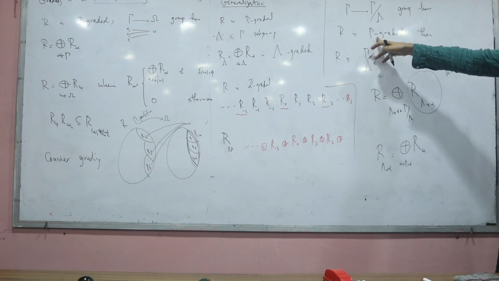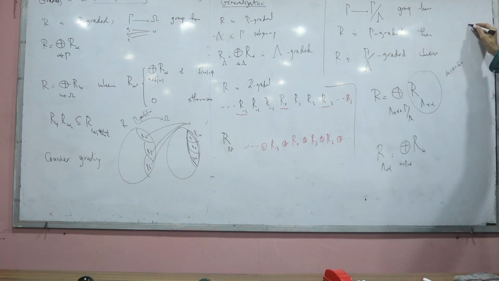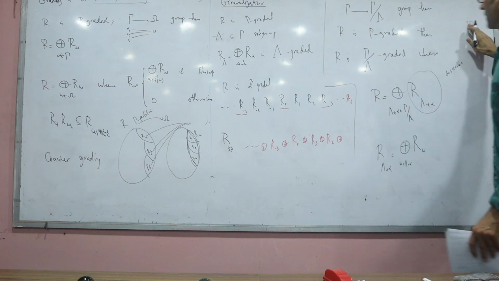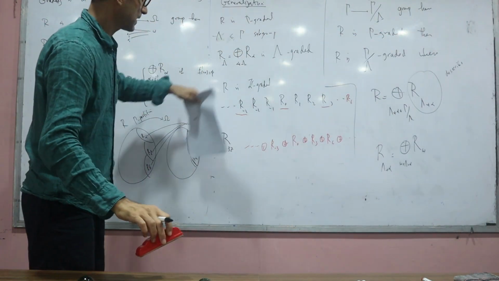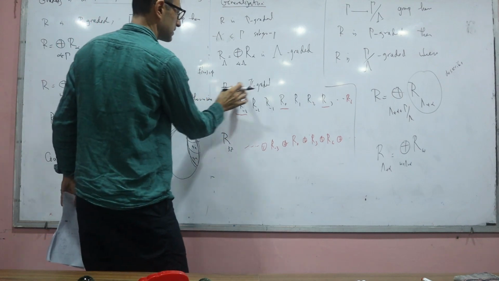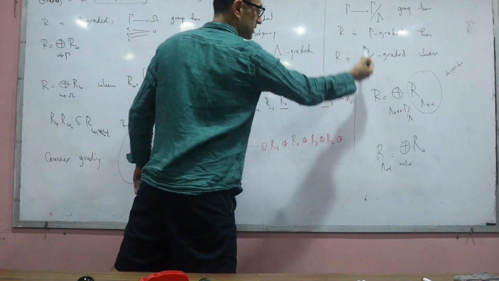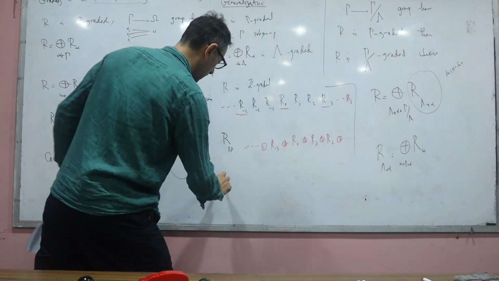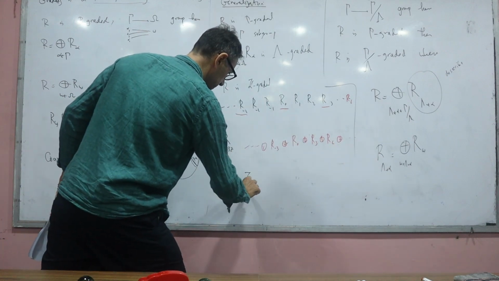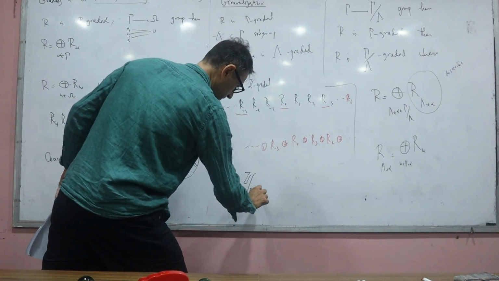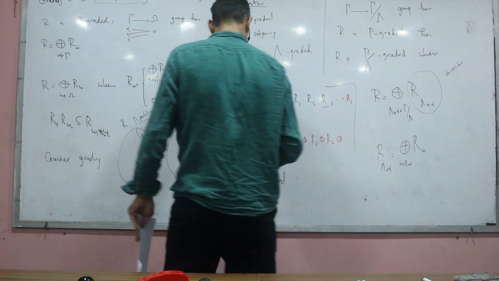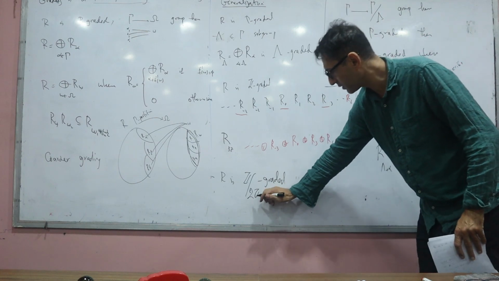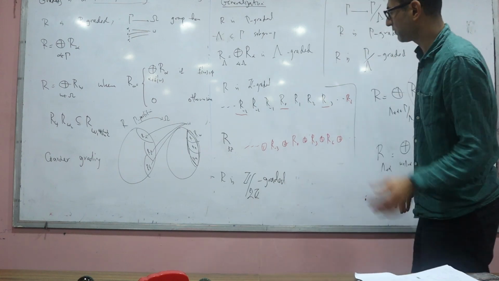So this grading is finer. So I can start with the Z grading, so let me give you an example, and make it coarser. In this example here, R is Z graded. Now, with this technique here, R is also Z over 2Z graded, but I have to give you the components.